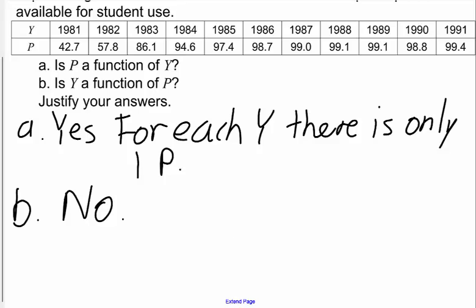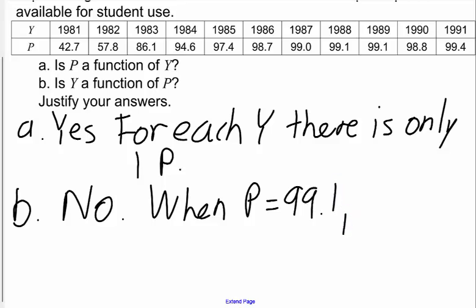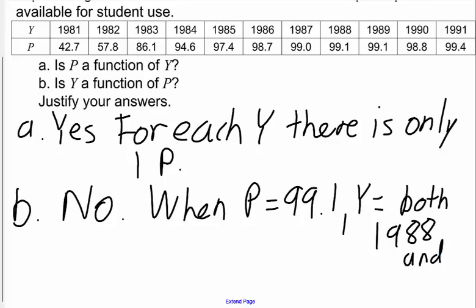When P equals 99.1, Y equals both 1988 and 1989. So Y is not a function of P.